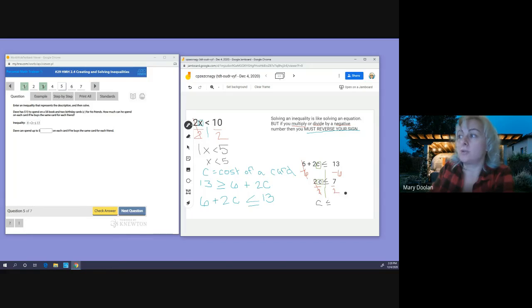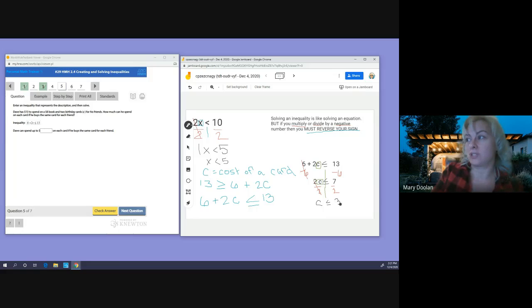7 divided by 2. We're talking about cost, and so if I ask you how much something costs and you tell me it costs 7 halves of a dollar, that doesn't make a lot of sense. But 7 halves is the same as 3 and 5/10.